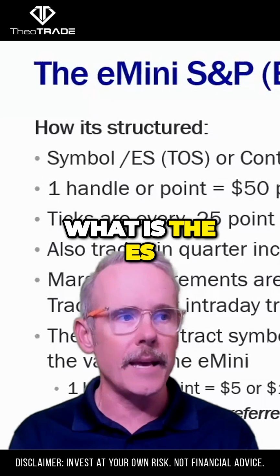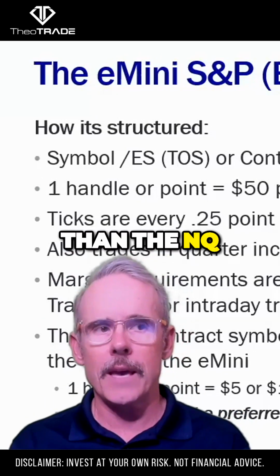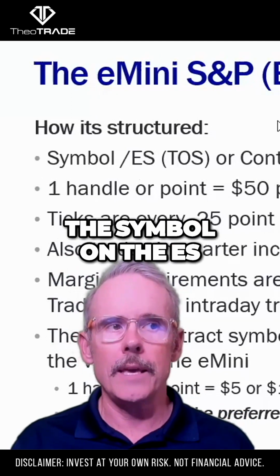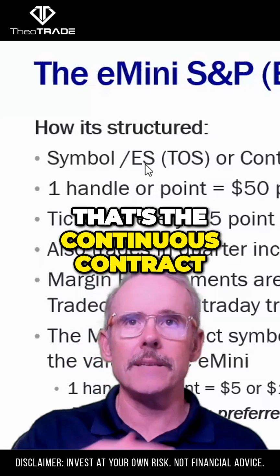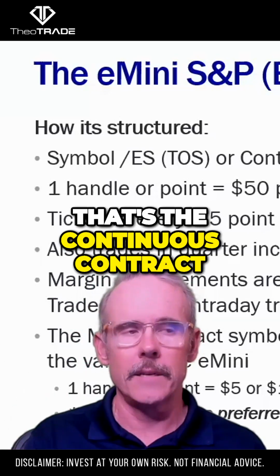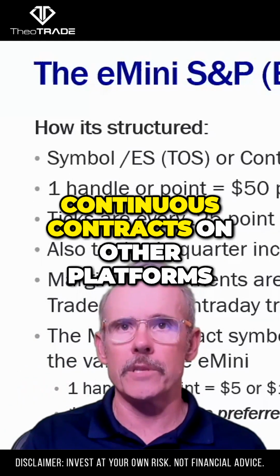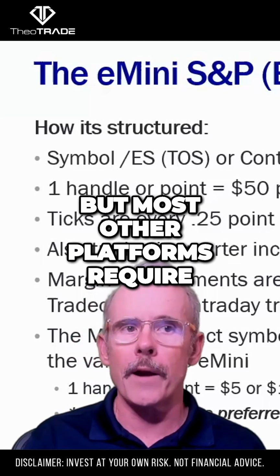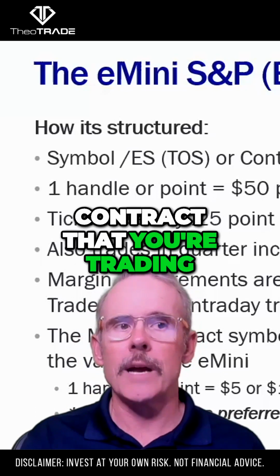So what is the ES? Let's talk about that real quick. It is a little different than the NQ. The symbol on the ES for Thinkorswim is the \ES. That's the continuous contract. And, you know, there are continuous contracts on other platforms, but most other platforms require you to put in the actual specific contract that you're trading.